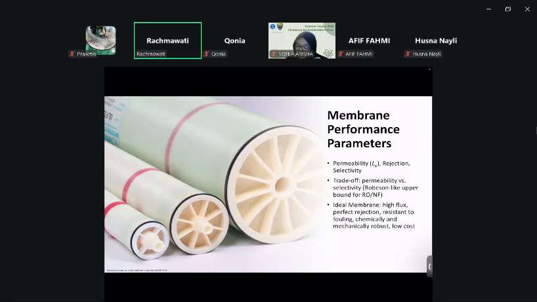So it has good mechanical properties. And you also want it to be low cost so that everybody can buy it. If it's too expensive, people might look for other, cheaper alternatives.